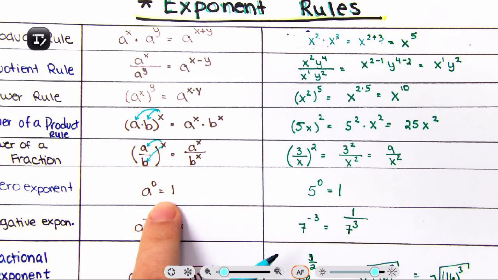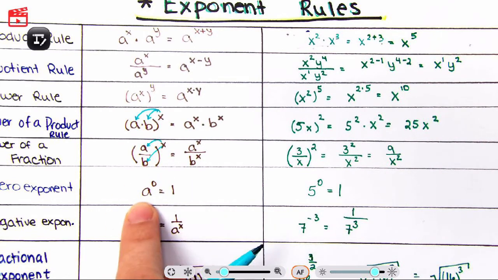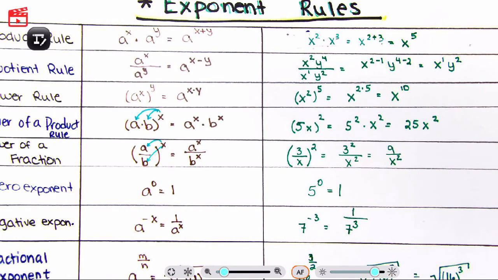Zero exponent: we all know that anything raised to the zero power is 1. It's really cool to prove that. If you want to, go to YouTube and search "proving zero exponent rule"; it's a really interesting proof. Negative exponents: if you have a negative exponent, just know that the negative disappears once you put the entire thing in the denominator.